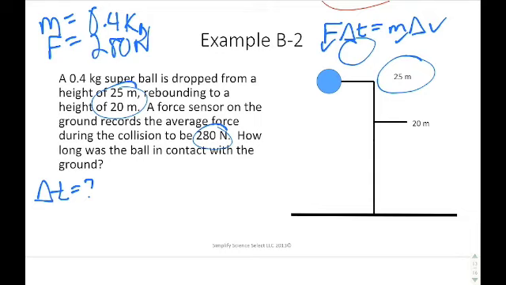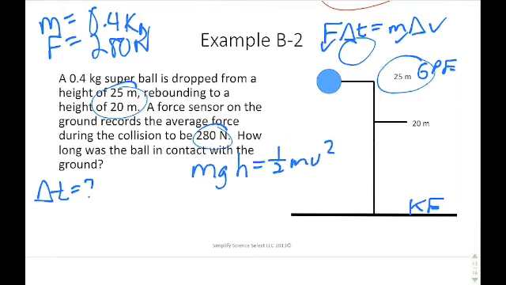I can say, okay, this thing right here has gravitational potential energy, and when it hits the ground, it has kinetic energy. So I can say mgh equals 1/2 mv squared. The mass cancels out for now, and we would say 9.8 times 25 is equal to 1/2 v squared.